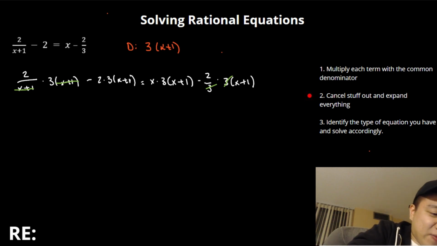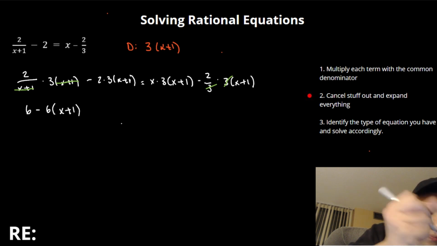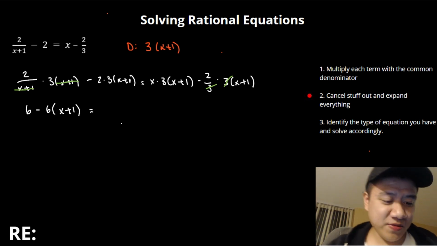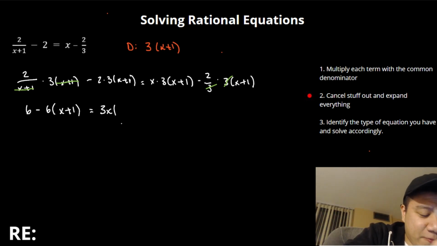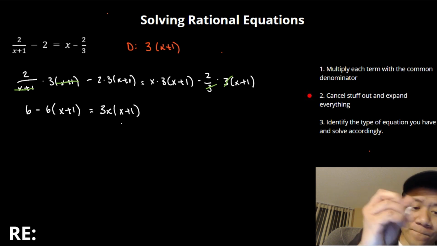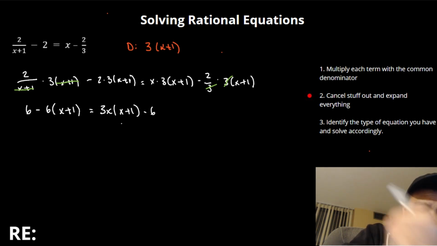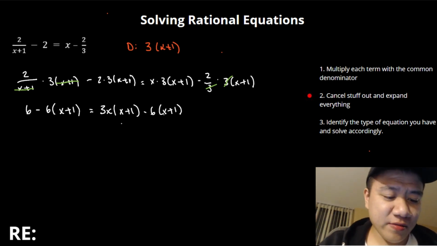Okay, so we have 6. 2 times 3 is 6. 6 times x plus 1 equals 2 times 3x. Oh wait, that's not 6.